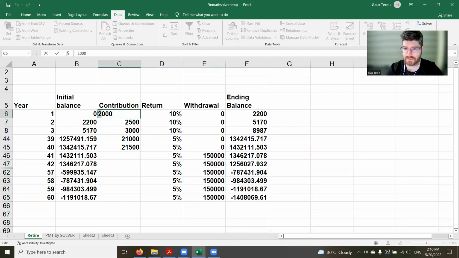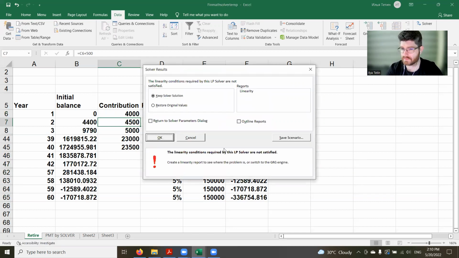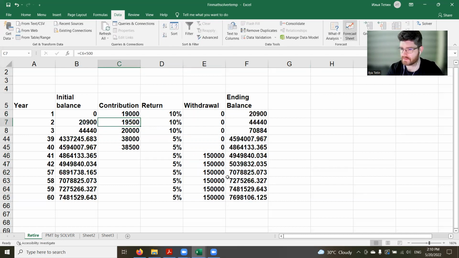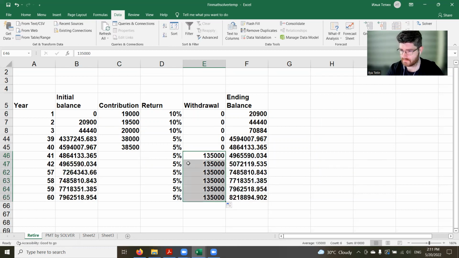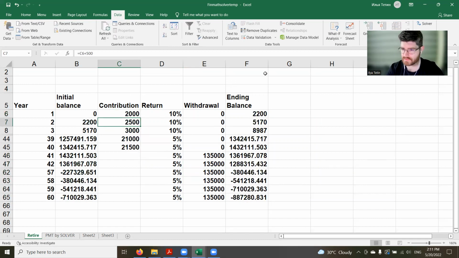So our solution is not enough, so maybe 4,000 will work. So still cannot. I think we are withdrawing too much. Maybe try to find. Still cannot. 135. Is it possible to find? What was the initial value of 2000?